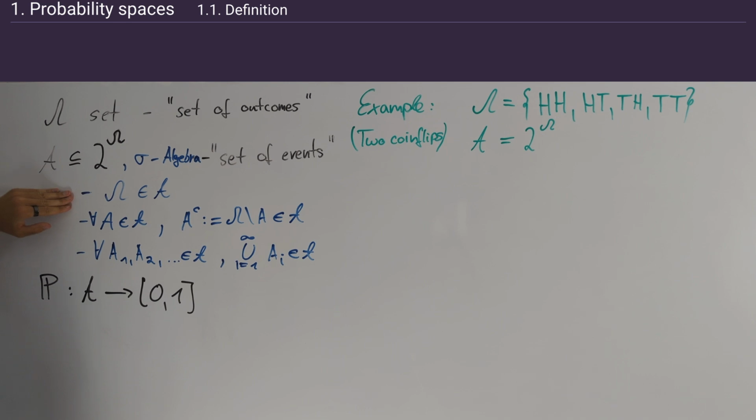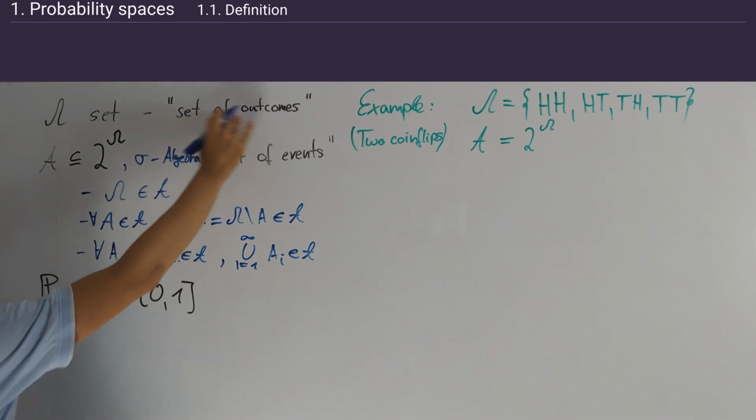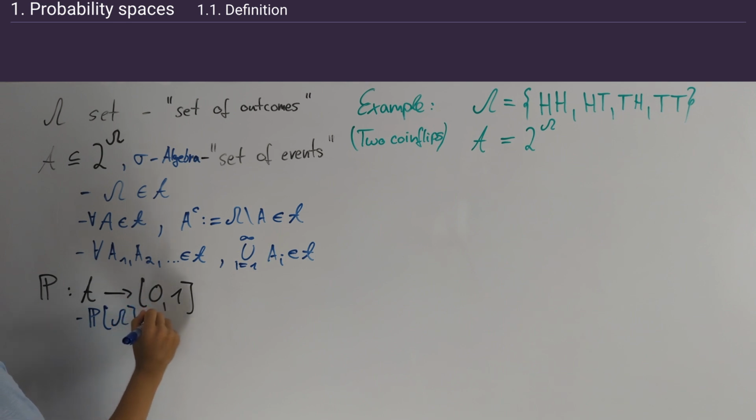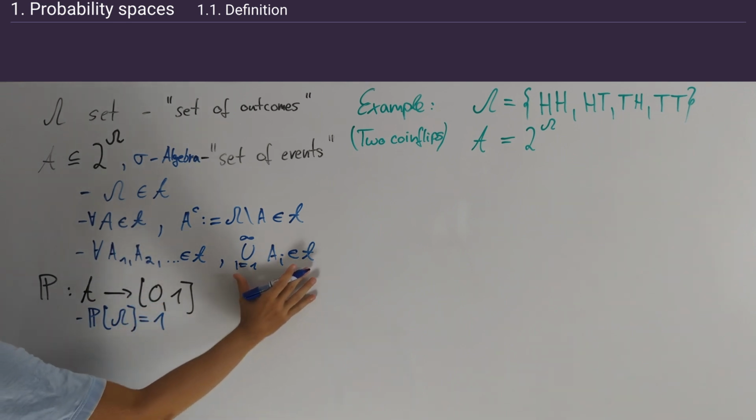I motivated these requirements on A by the fact that we want P to satisfy some algebraic properties. As we interpret P of an event A as its probability, we have that the probability of our entire set of outcomes, P of omega, should be equal to 1. Secondly, we want to define the probability for a union of events.